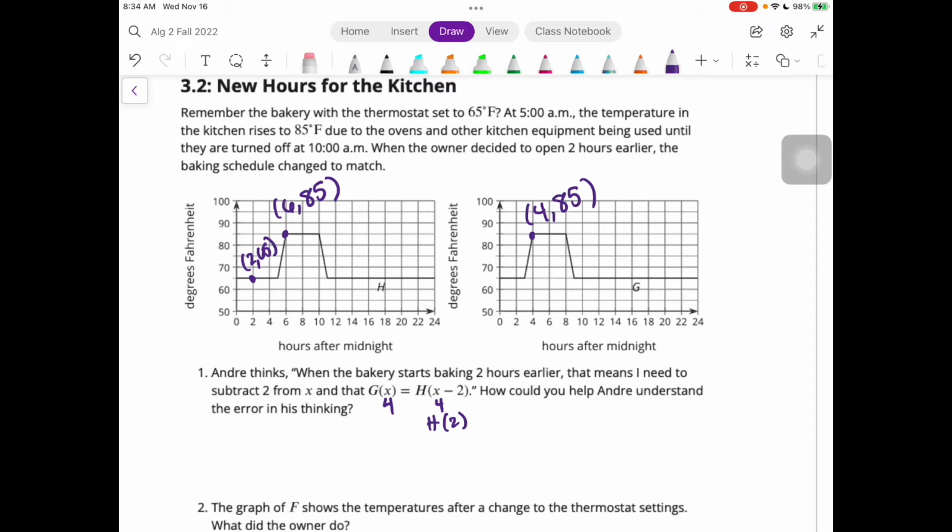I have 65 for my H function, but 85 for my G function. So plugging in some points could help him see that they don't match up, right? Because if I plug in 4 for X in both, I end up with this point, and they do not give me the same Y values.